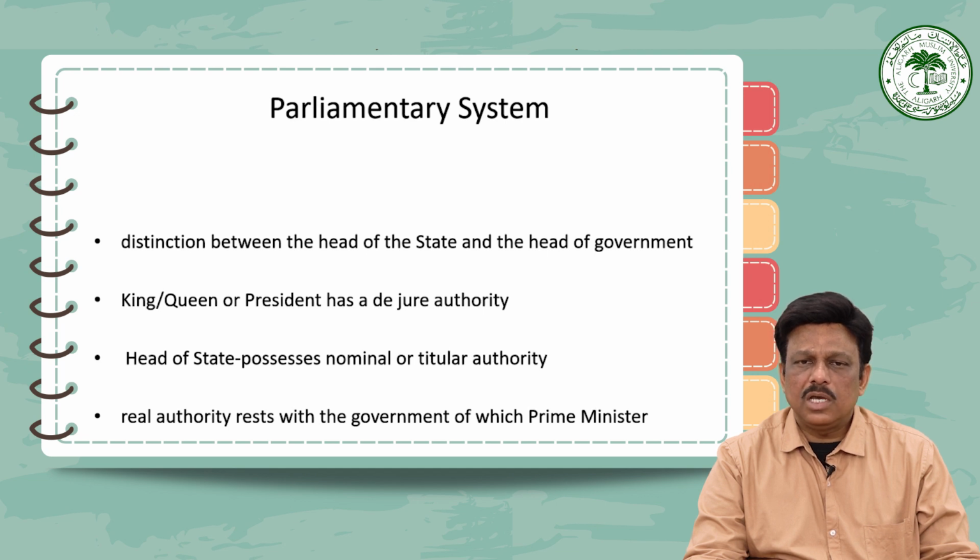Constitutional convention in Britain deprived the king or queen of all powers, privileges and prerogatives. In India, the authority of the president was governed by conventions inherited from Britain and deemed as a sine qua non of a parliamentary system of government.